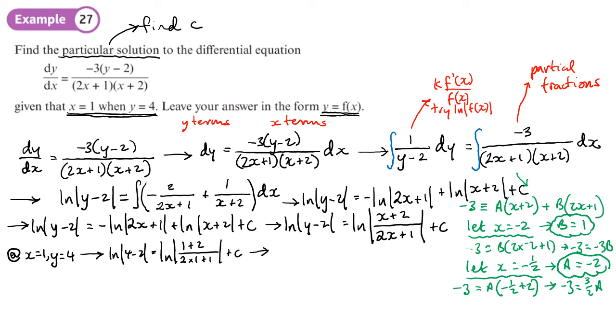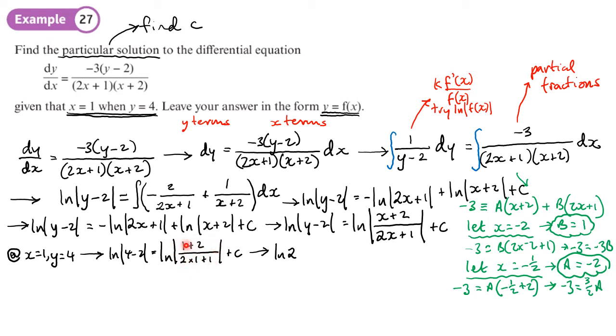So we should be able to work out what c is now. So we'll get natural log of 2. Don't need modulus signs anymore because it's positive. If I move this across, I'll have minus the natural log of 3 over 3. Is that right? 3 there, 2 times 1 is 2, 3, yeah.